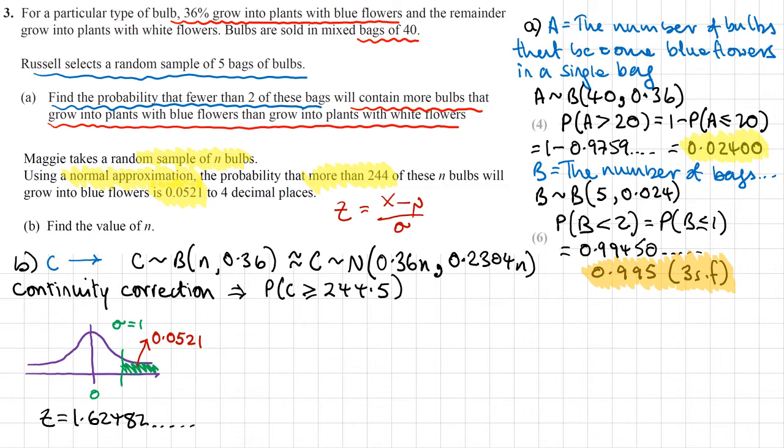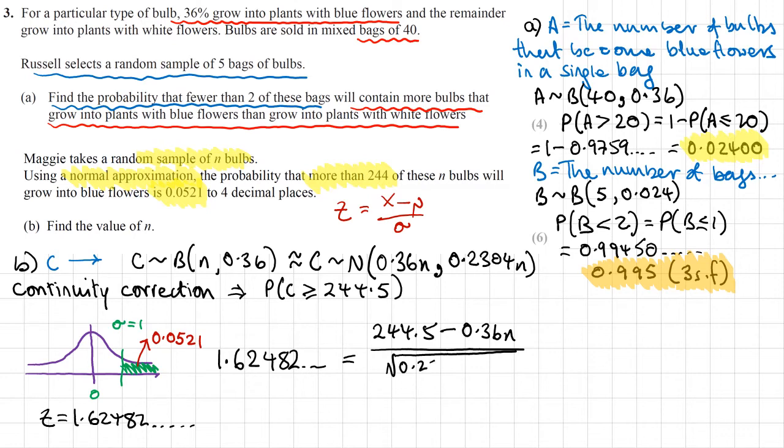So there's my Z value. So 1.62482 and so on is equal to my X value, which is 244.5, minus the mean, well that's 0.36n, divided by the standard deviation. So don't forget to square root it, square root of 0.2304n.